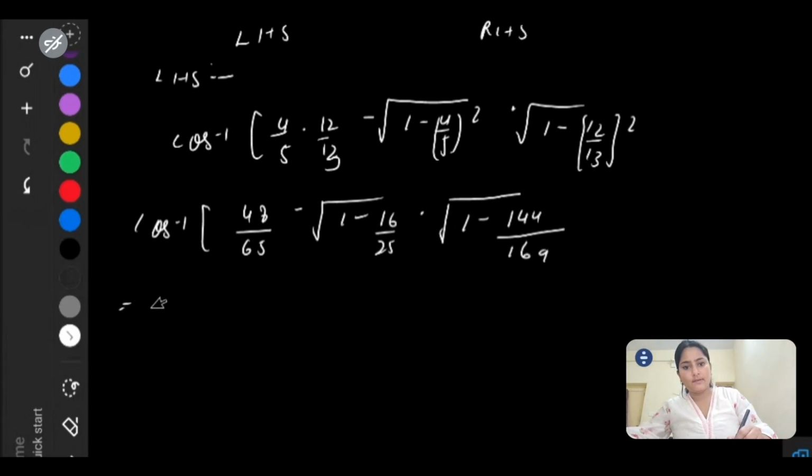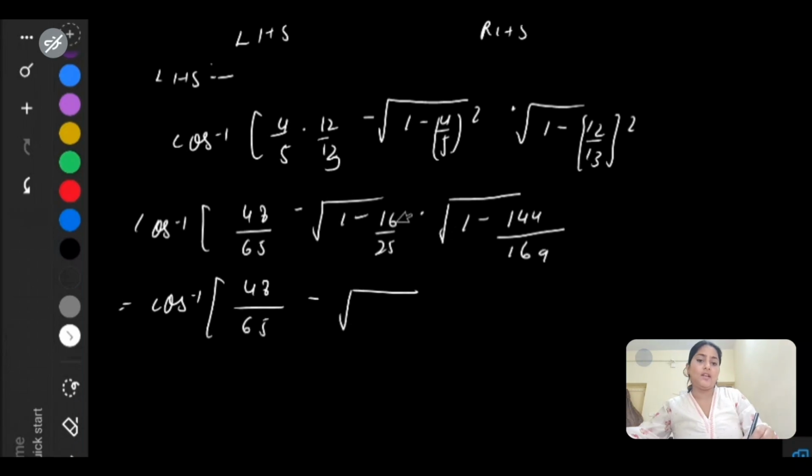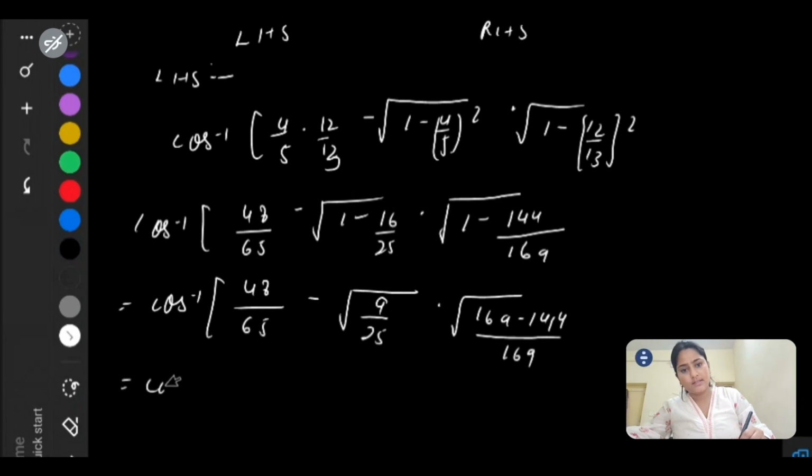In the next step, cos inverse 48 upon 65 minus, now we'll take the LCM: 25 minus 16, which is 9 by 25, into 169 minus 144 divided by 169.